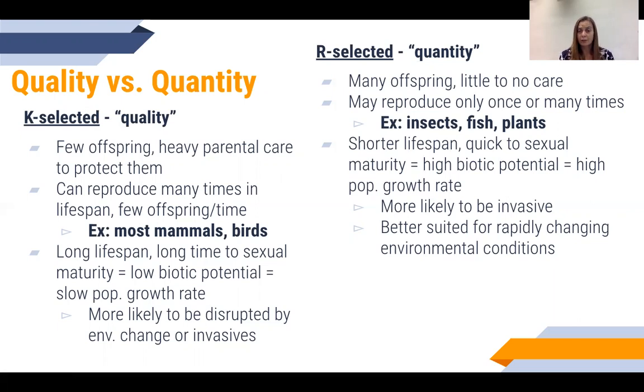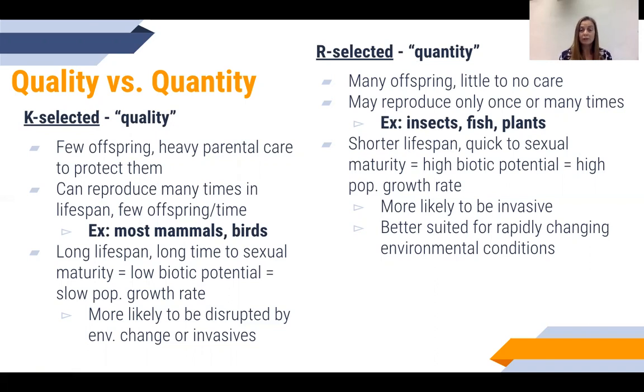Generally speaking, R-selected species have a shorter lifespan. They reach sexual maturity quickly, so they have a very high biotic potential. Their reproductive rate is very high, and so their population growth rate can be very high given ideal conditions. Because they reproduce so quickly, they are much more likely to be invasive species.